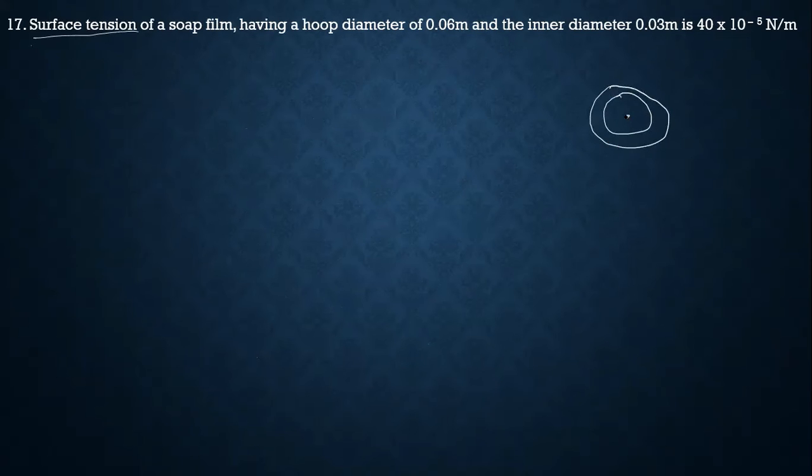This outer diameter is 0.06 meter, and the inner diameter, which I will call d inner, is 0.03 meter. The surface tension is rho, given as 40 into 10 to the power of minus 5 Newton per meter.